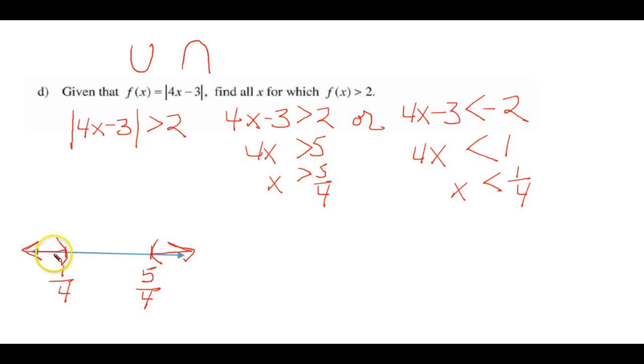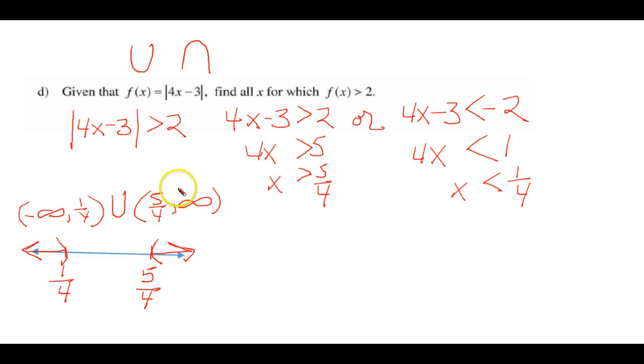And that is our final answer. Now, in interval notation, this is from negative infinity, comma, up to 1/4, parenthesis, union symbol, parenthesis, 5/4, comes right from the graph, comma, infinity. Infinity is always with a parenthesis.